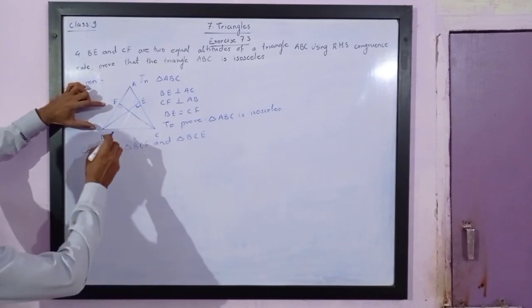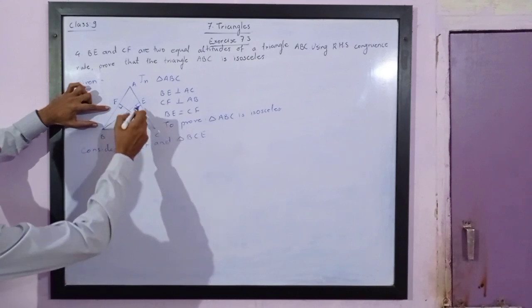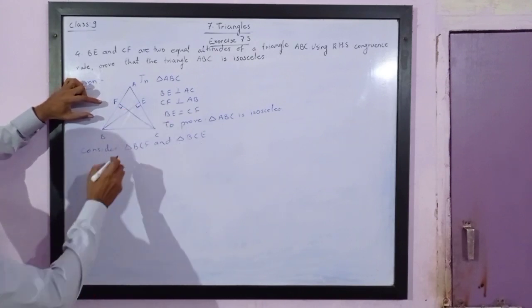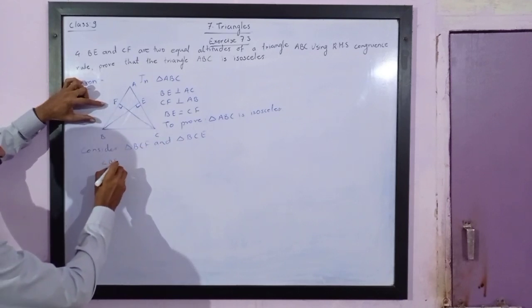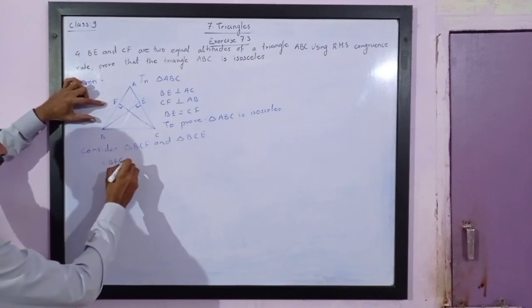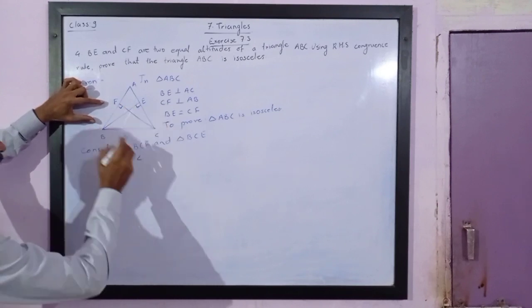We are given that angle F is equal to 90 degrees and angle E is also equal to 90 degrees. So we are given angle BFC is equal to angle CEB.